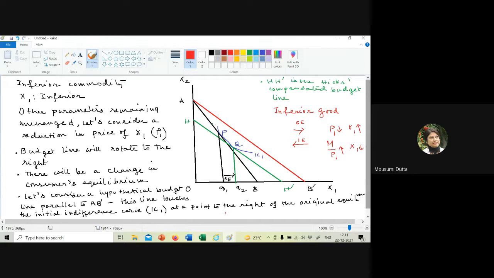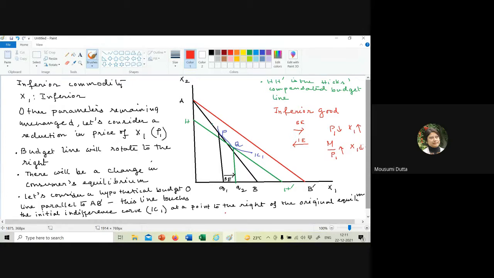Now, when we are considering this opposite direction, it may happen that the income effect is lesser than the substitution effect. In that case, we will move to the leftward direction compared to Q. However, that leftward movement may not be such that the point is to the left of P, because here the income effect is less strong than the substitution effect.